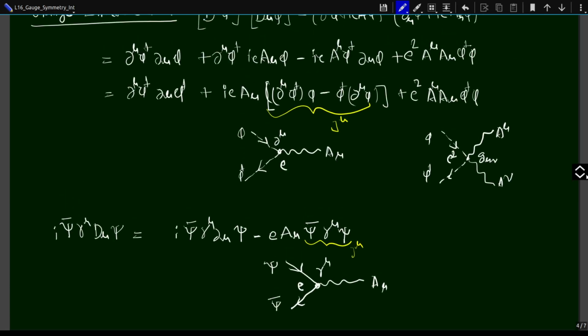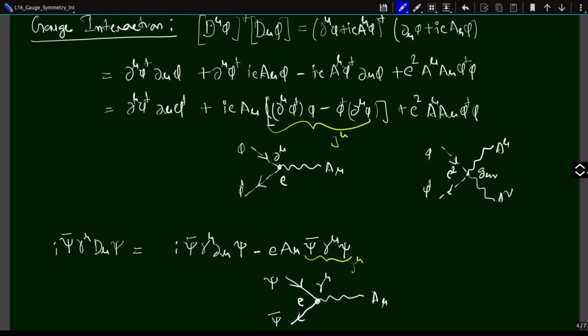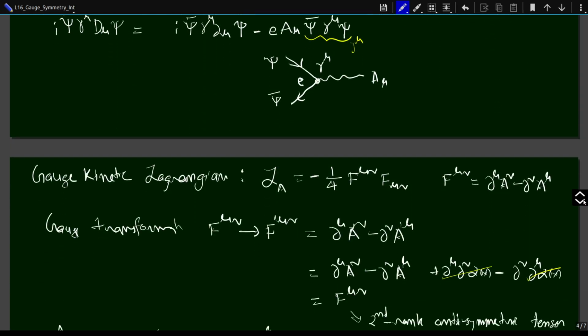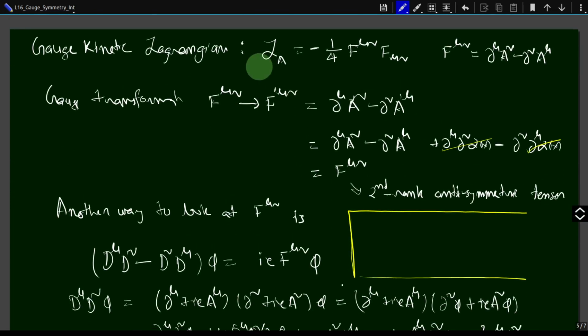So now, having these fields coupling both in the scalar field and the fermionic field, it is natural to ask whether we have this field as a dynamical field. Of course this A mu, which is the photon that we are considering in the back of our mind, is a dynamical field, and so we should have a kinetic Lagrangian for it.